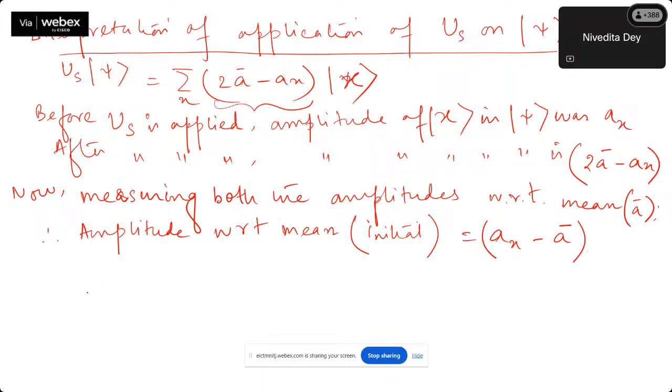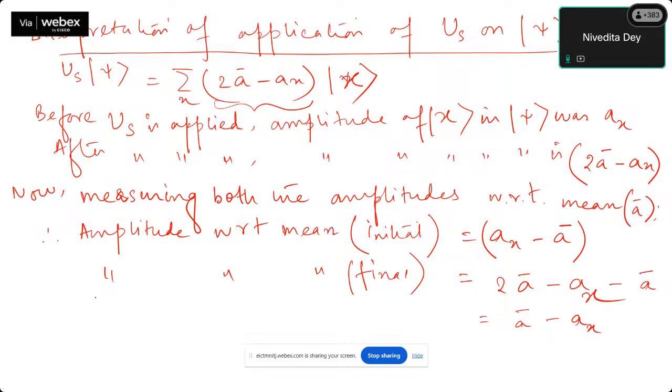The amplitude with respect to the mean for the final is 2A bar minus ax, minus A bar. So that is A bar minus ax.